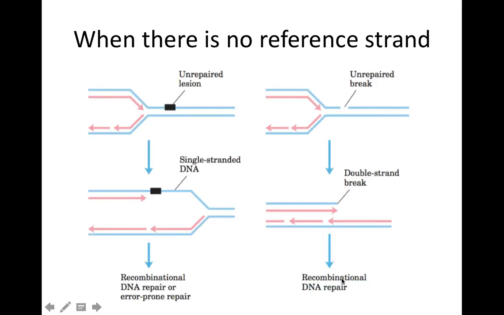So far, the examples that we have used have reference strands, meaning we can identify which strand contains the original sequence. However, what do you do if you cannot identify which strand has the original sequence? For example, in this part here, you have an unrepaired lesion.